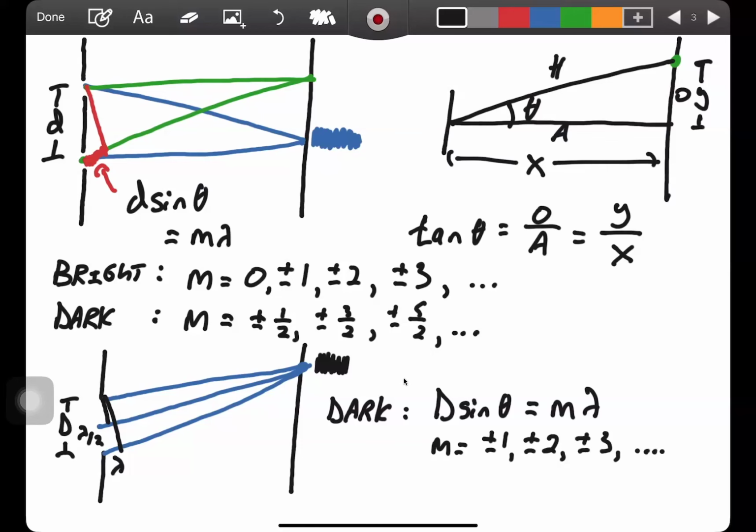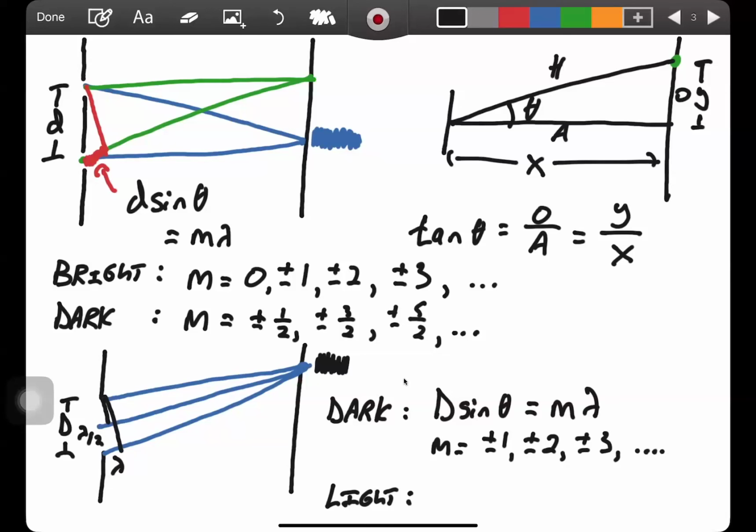And so this would be your first order, second order, and third order, and so on, of minima or dark regions.